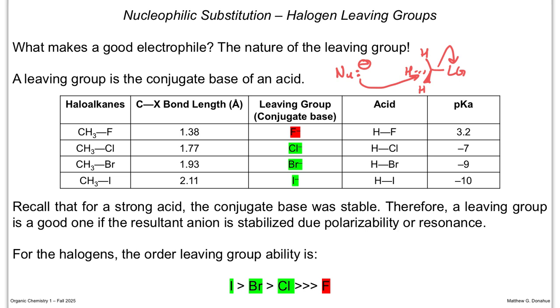really the cutoff is right here. Let's recall that the lower, more negative that pKa value, the stronger the acid. So for really strong acids, the conjugate base is weaker. That's the inverse relationship. If that's weak, it means that it's stable, it's happy, and it's a good leaving group.